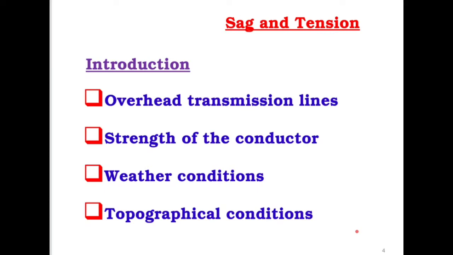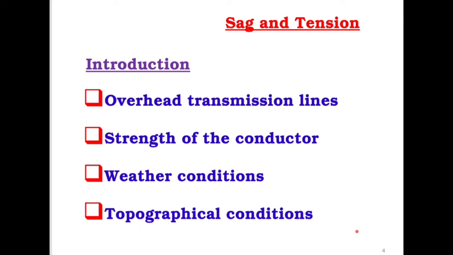Electrical power is carried in overhead transmission lines, or sometimes underground cables, or even underwater or undersea cables. But for underground, underwater or undersea cables, sag is not relevant at all, because we don't string them between two adjacent supports from a height above ground.